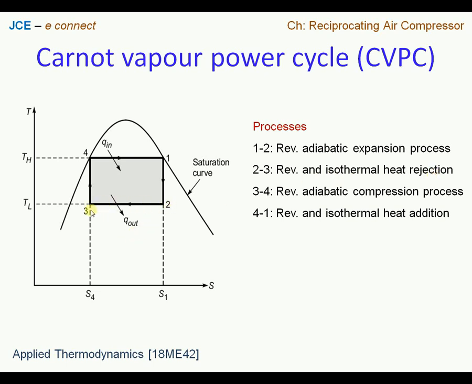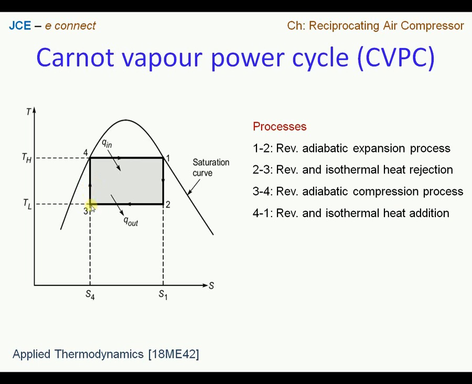Process from 2 to 3, we see how the heat is rejected out, and this is happening at a constant temperature. Reversible and isothermal heat rejection, happening at a low temperature T_L, followed by process 3 to 4. Again, this process is a reversible adiabatic compression process, which represents a pump work basically.